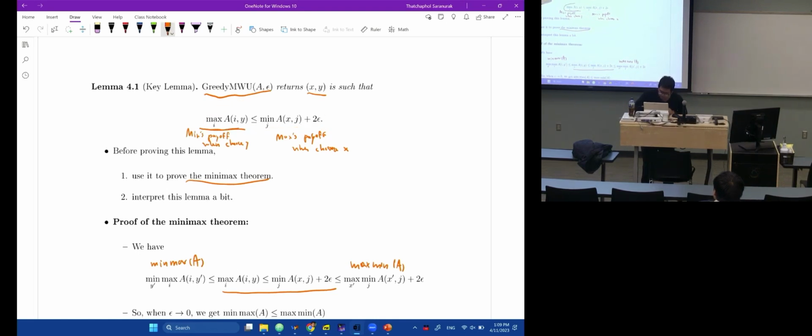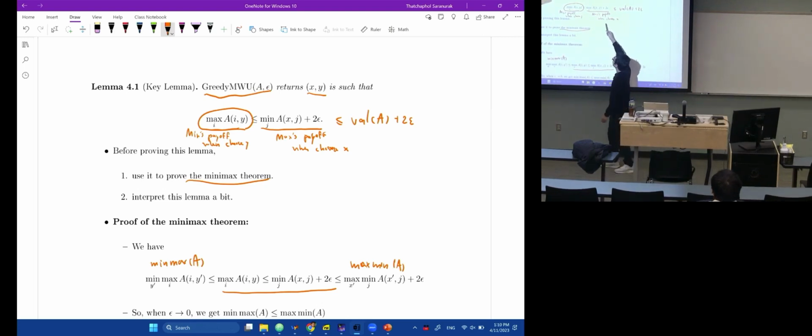This is the min payoff when she announces y. This is the max. But this is at most the value of the game, right? This is just one strategy of x. This thing is at most the value of the game.